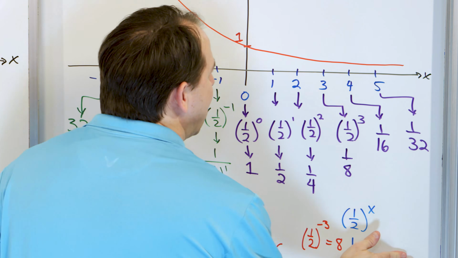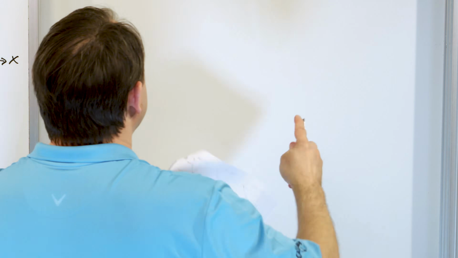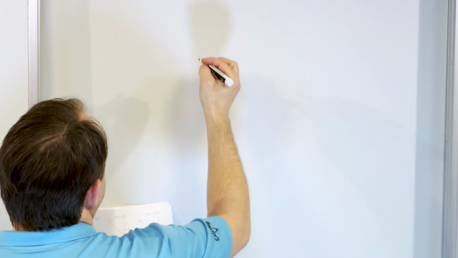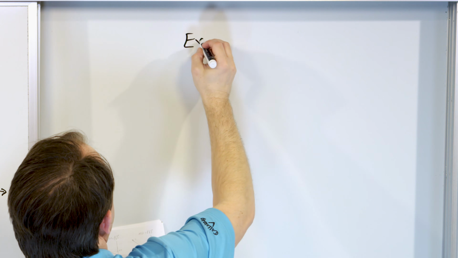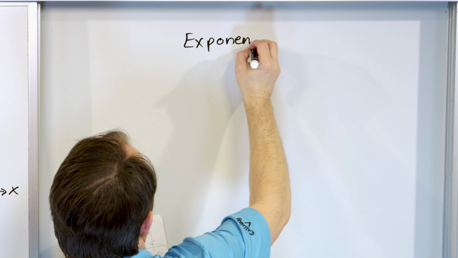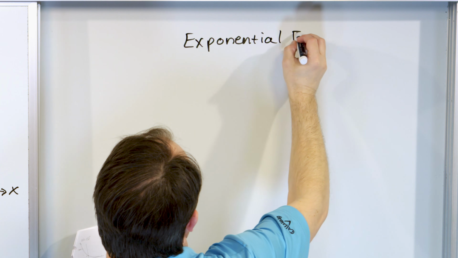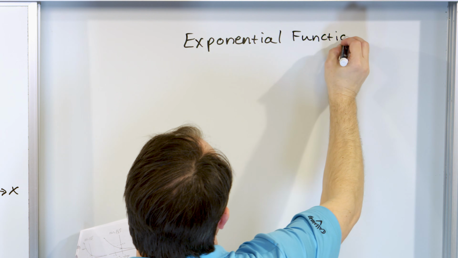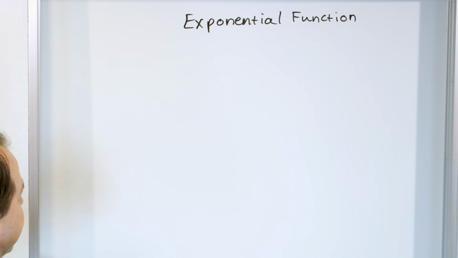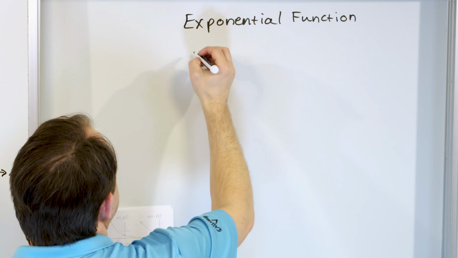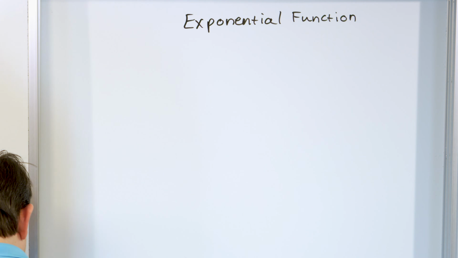So now that we have all of that background in place, we can finally write down what you'll probably see in your textbook. This is an exponential function. In general, we've already talked about this, but I want to put it all in one place. The exponential function is the following.